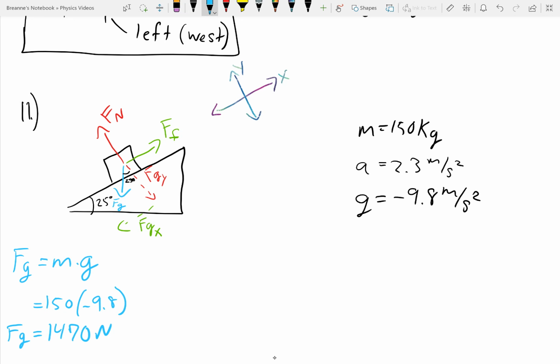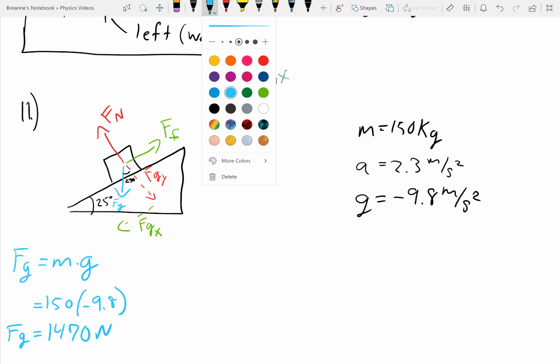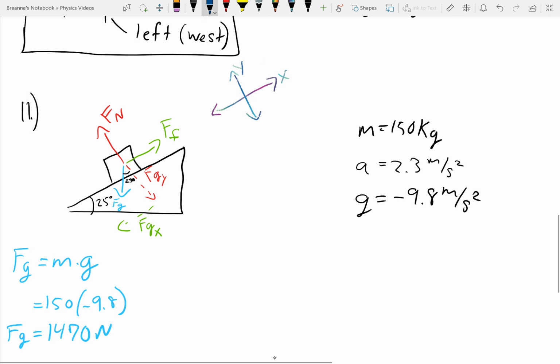Now we can use this force of gravity and break it apart into its x and y components. So now we know that this is our hypotenuse, this is our angle, so that's adjacent, and that's our opposite. To find either one, let's do our force of gravity in the y. That's going to end up being our cosine, because it's adjacent.